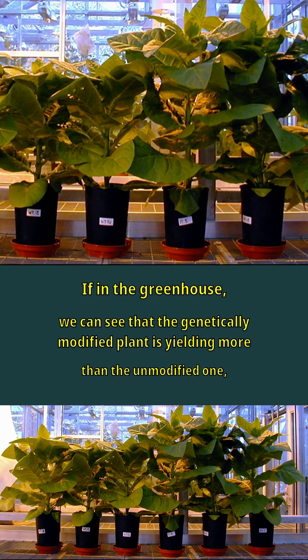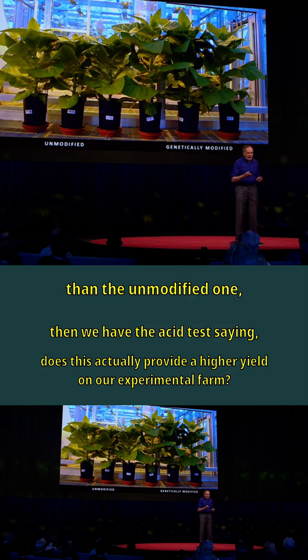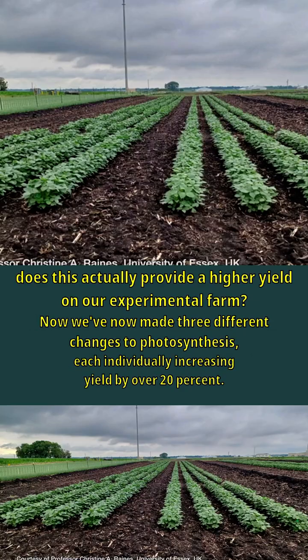If in the greenhouse we can see that the genetically modified plant is yielding more than the unmodified one, then we have the acid test of saying, does this actually provide a higher yield on our experimental farm?